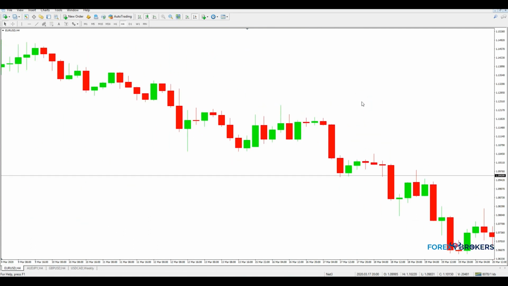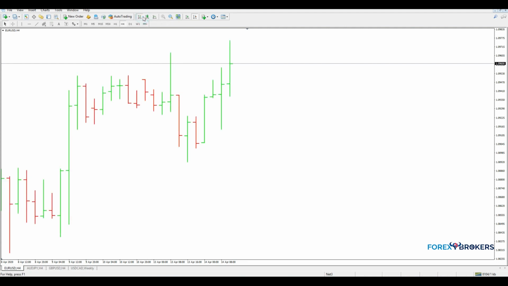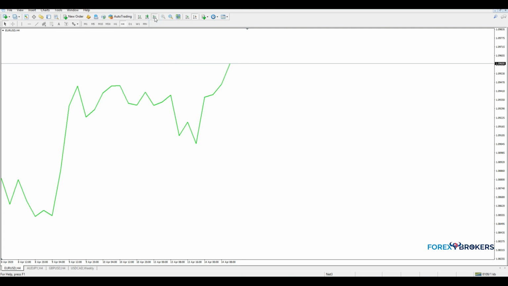The MetaTrader offers various types of charts. We already discussed them here in this trading academy, but just as a reminder, a bar chart, for instance, like this, or a line chart.